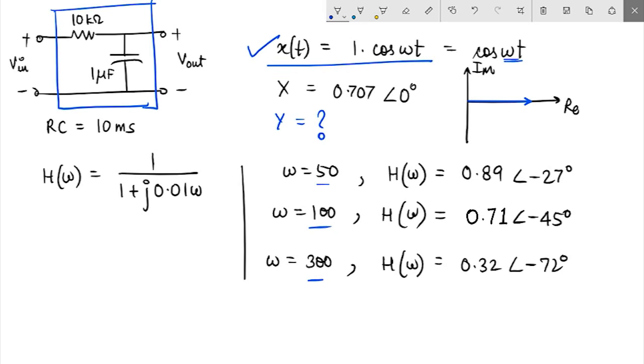Now I want to see what would be y if input to this system is this sinusoidal signal. Let us see what would be the output specifically at these frequencies. Say omega is equal to 50. We just found out that mod h at omega equal to 50 is 0.89 and angle h is minus 27 degrees.